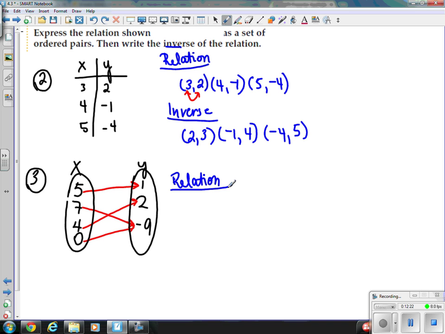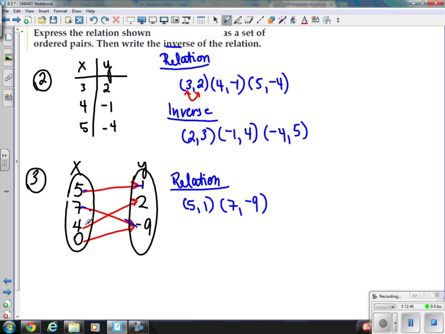Alright, so we're going to follow the arrows. My x value is 5. We follow the arrow to my y value of 1. So my ordered pair is 5, 1. Once again we follow our next x value, and it's 7. We follow 7, it goes all the way down to -9. So that ordered pair is 7, -9.